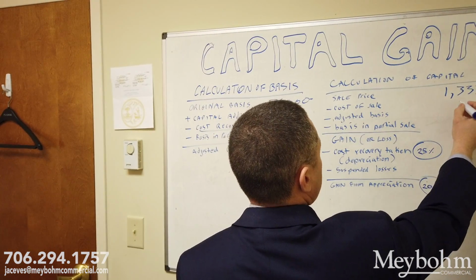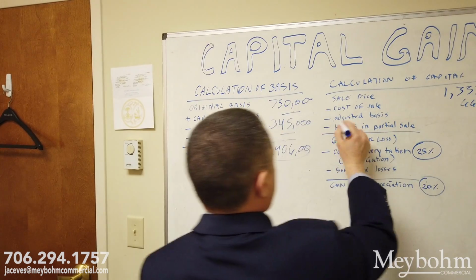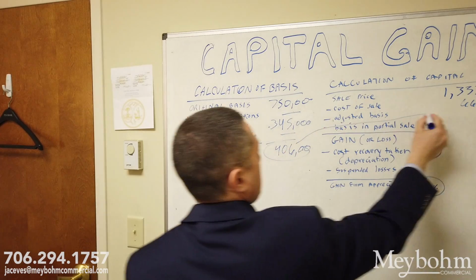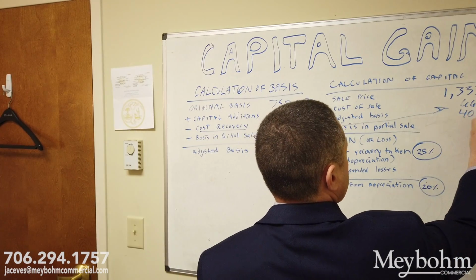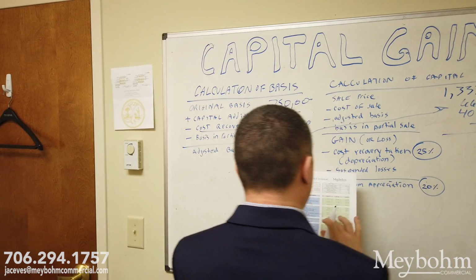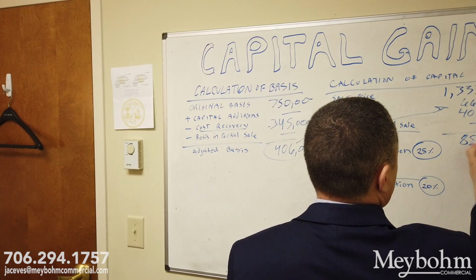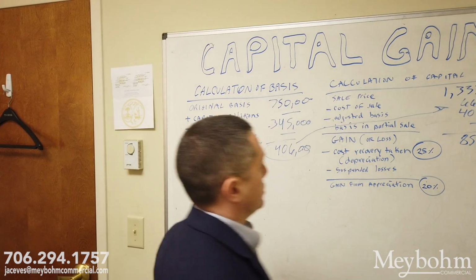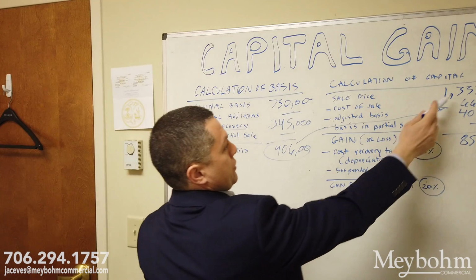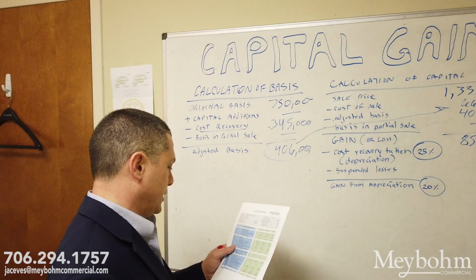In this one, it's going to be about $66,000. Their adjusted basis comes from here. So they got $406,000. Basis in partial sale, they've not done that. So their gain on this deal is $857,000. So of the $1.3 million transaction, we're talking about an $850,000 gain.